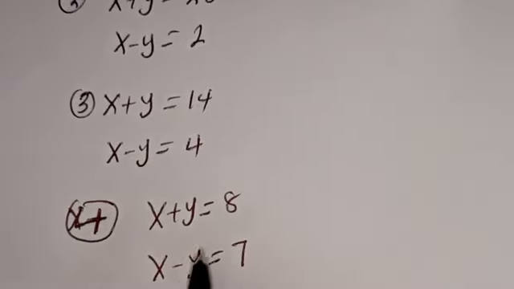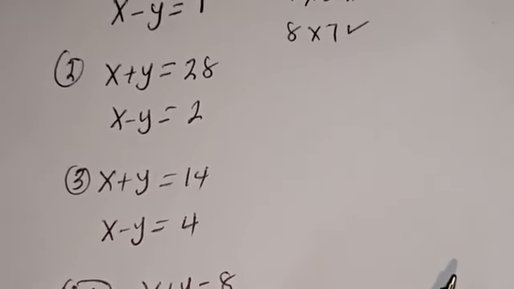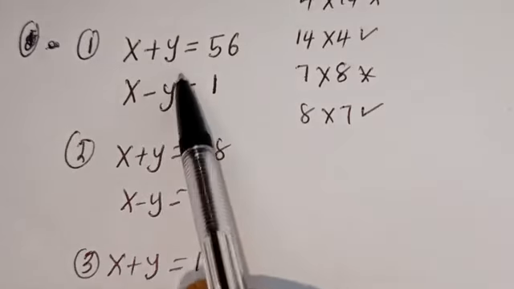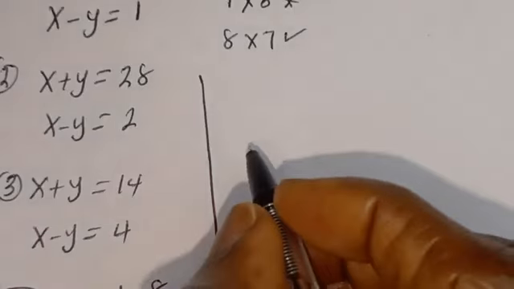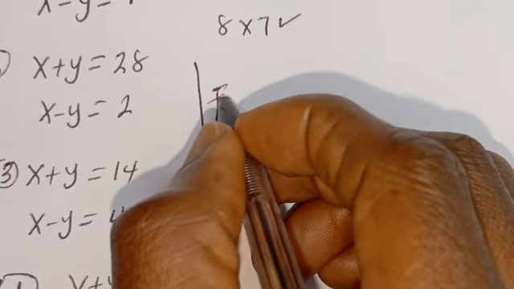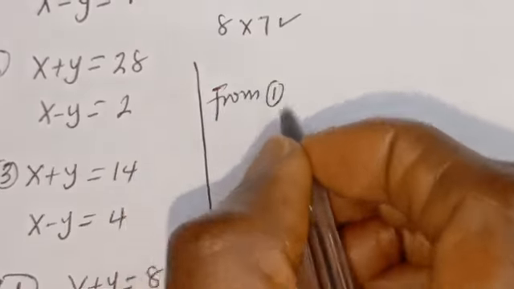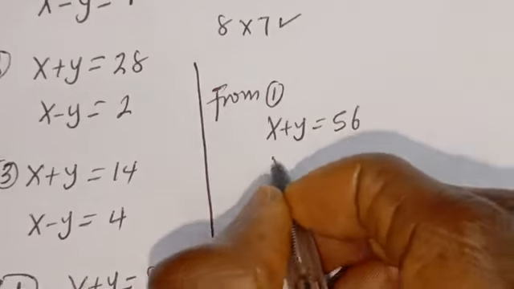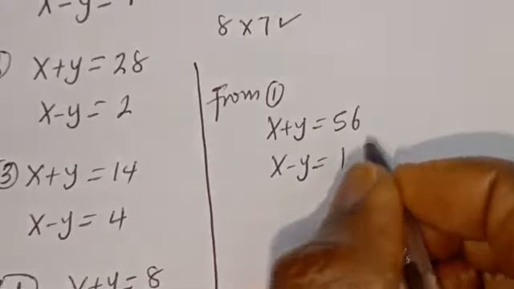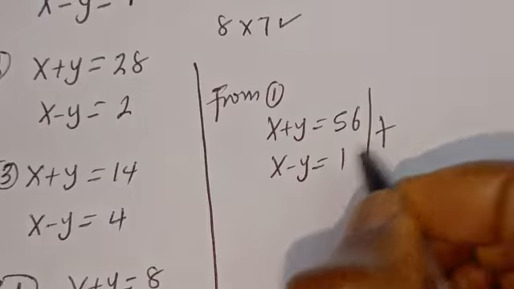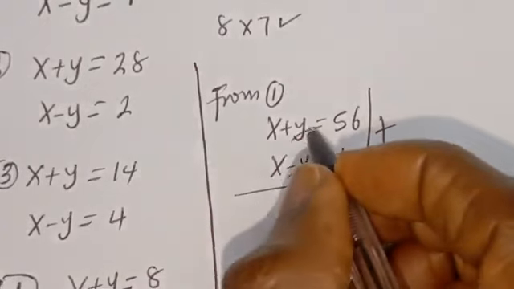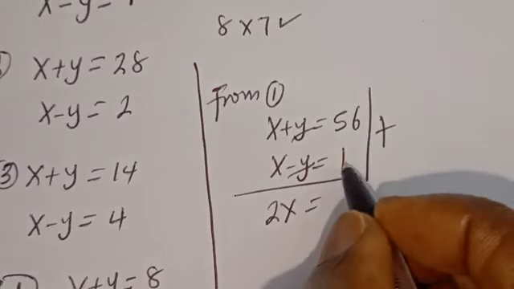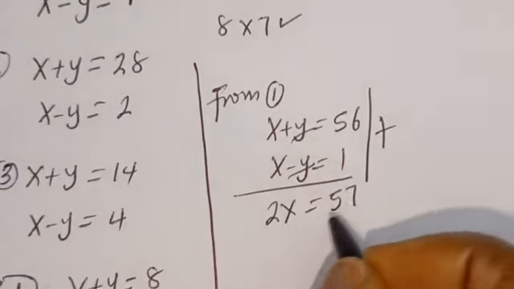So we can solve the following equations simultaneously using the elimination method. Let's start from the first equation: x plus y equal to 56, x minus y equal to 1. We add the two equations together using the elimination method. This will cancel this. x plus x, this is 2x, is equal to 56 plus 1, that is 57.